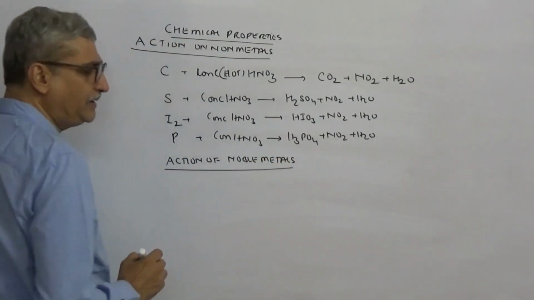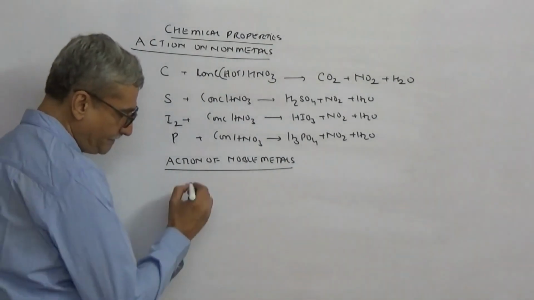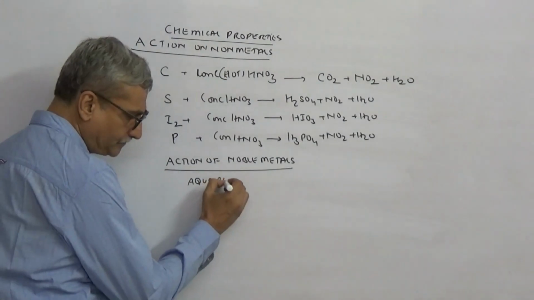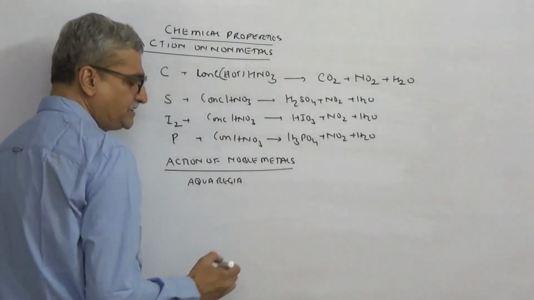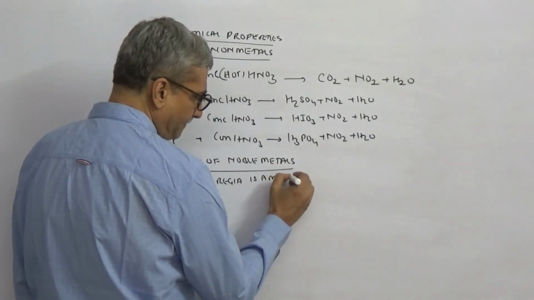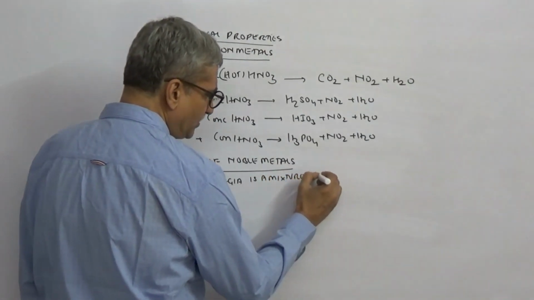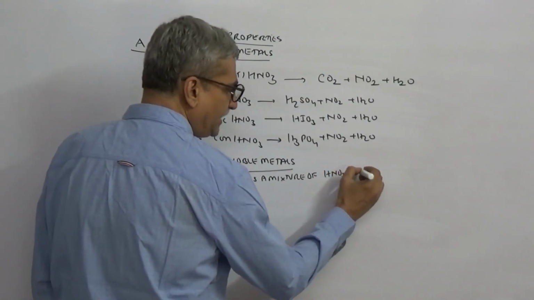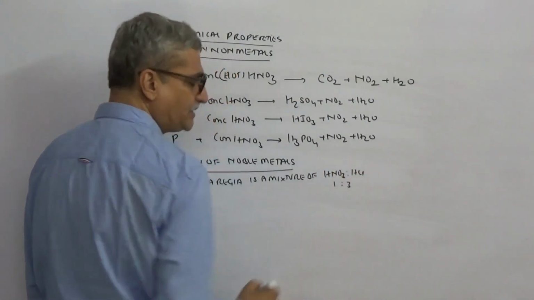Action on noble metals. See, aqua regia is a mixture of HNO3 and HCl in 1:3 parts.